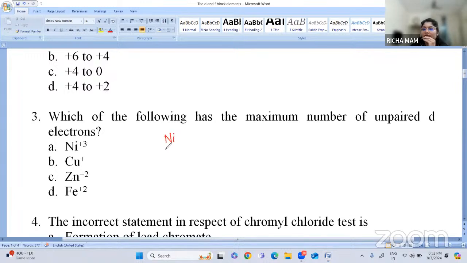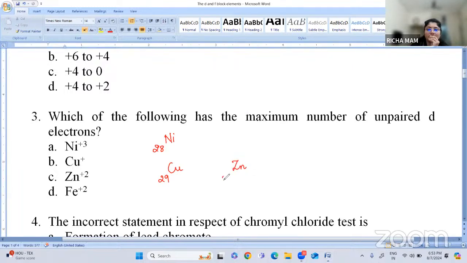Nickel. Nickel is 28. Then copper 29, zinc 30, and Fe is 26.